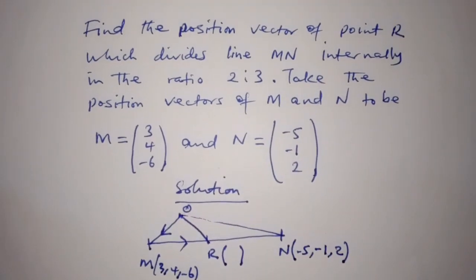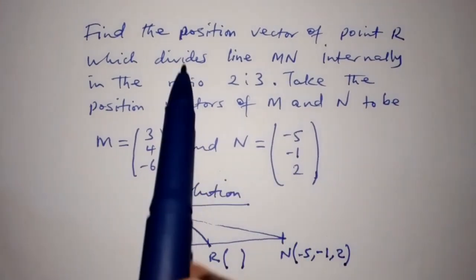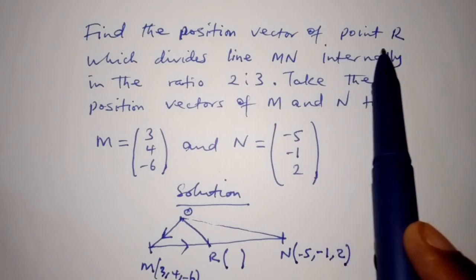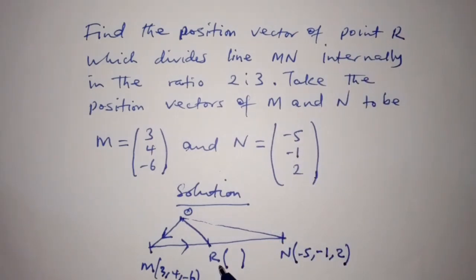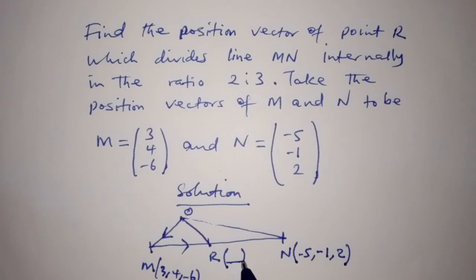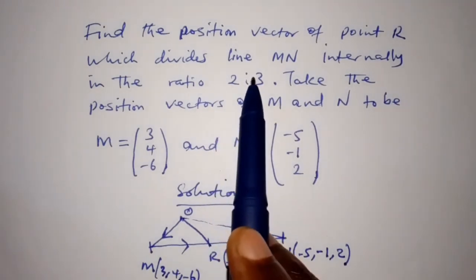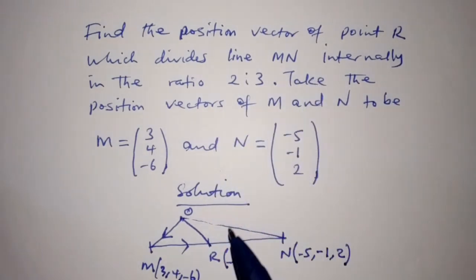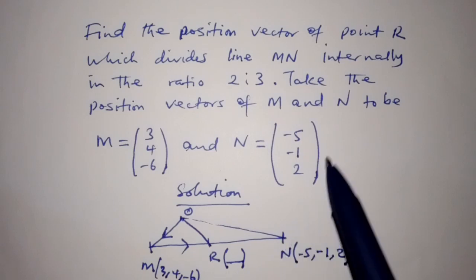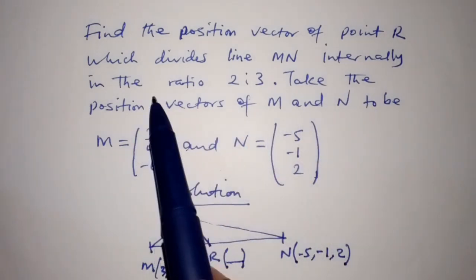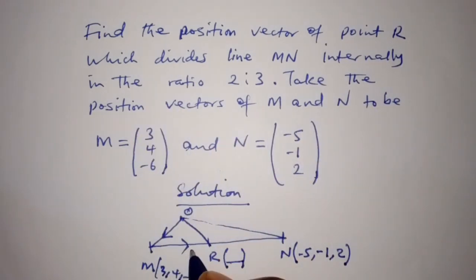So we are being told, find the position vector of point R, which divides line MN internally in the ratio 2 to 3.